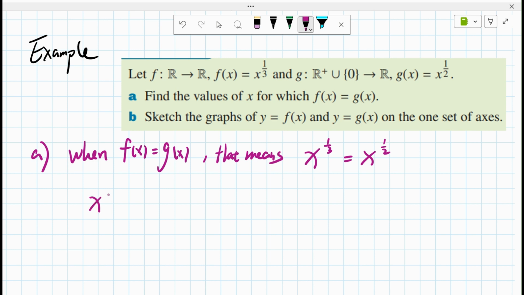First things first, move both sides so that x to the power of 1/2 is subtracted, equal to 0.